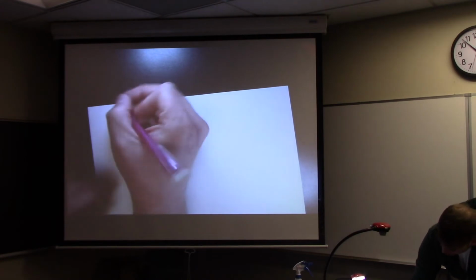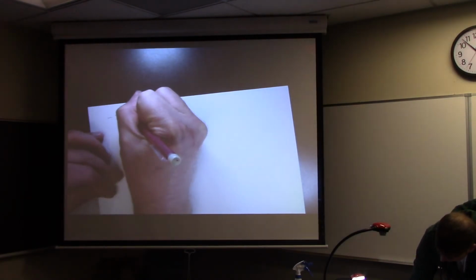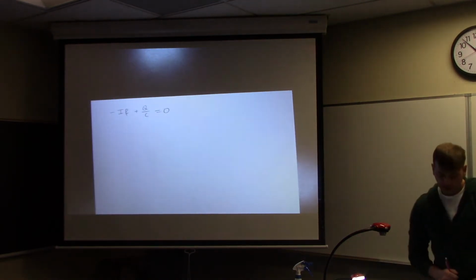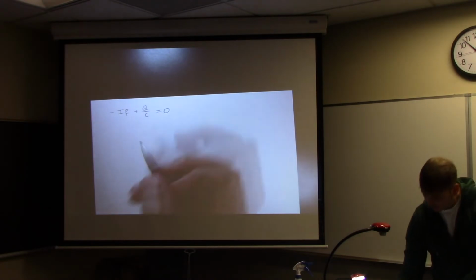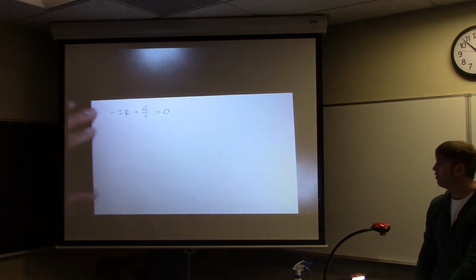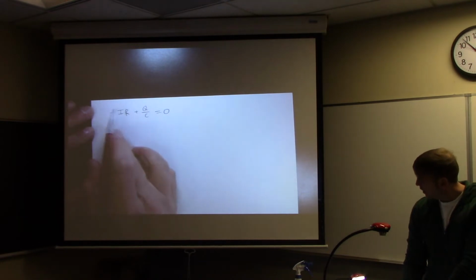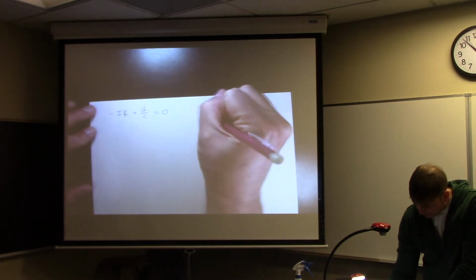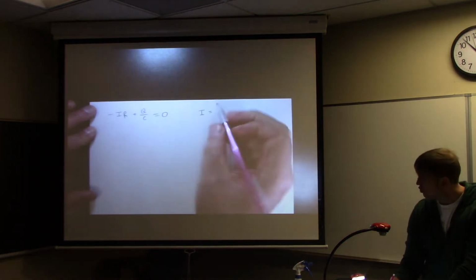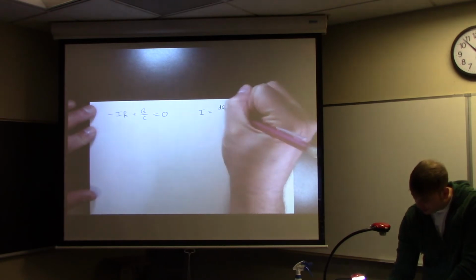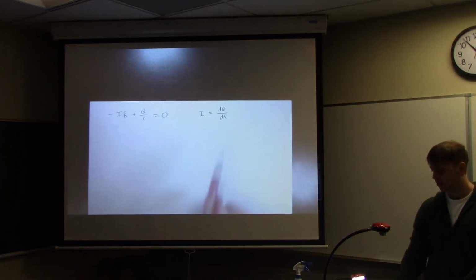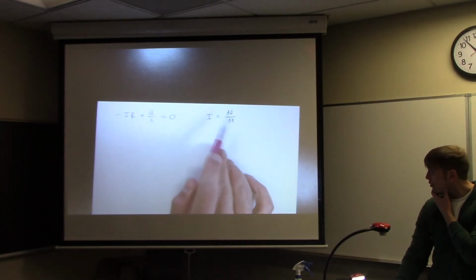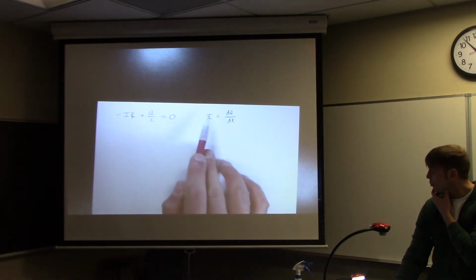Okay, so our loop rule equation says minus I times R plus Q divided by C equals 0. And again, this looks deceptively simple, but it's actually a differential equation because I is related to Q in terms of a derivative. So let's write that down. Before, when we did the derivation for a charging circuit, we said I is dQ/dt, and that was fine because the more charge builds up, or the faster charge builds up on the plates, the more current we have.